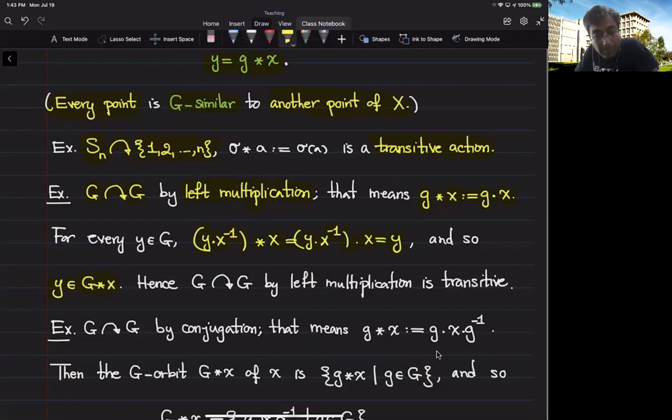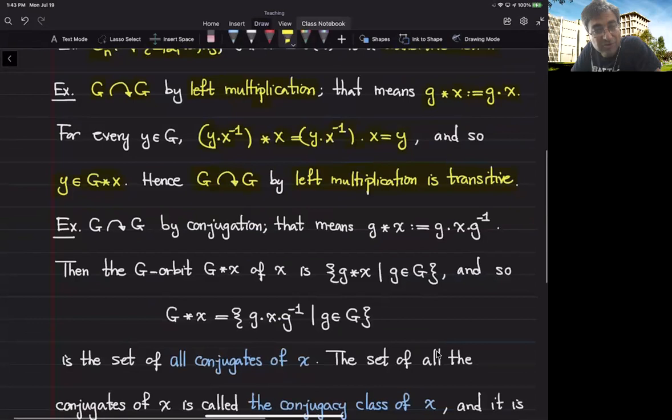So y belongs to the G orbit of x, and hence the action of G on itself by left multiplication is a transitive action.